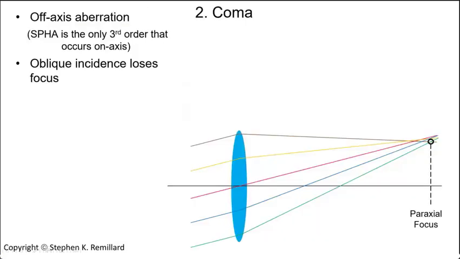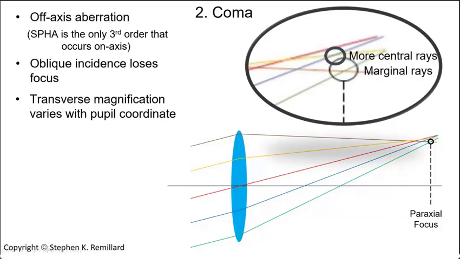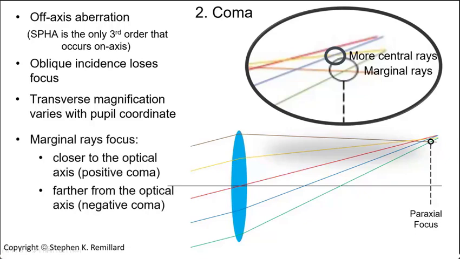Coma is the next point aberration. It's called an off-axis aberration because it's only seen with rays coming in at an angle. Marginal rays are subjected to a slightly different magnification than paraxial rays, resulting in the rays finding their focus at different heights above the optical axis, either closer to the optical axis as in positive coma, or farther from it as in negative coma.